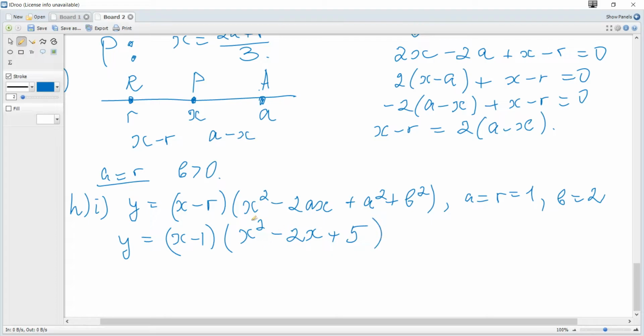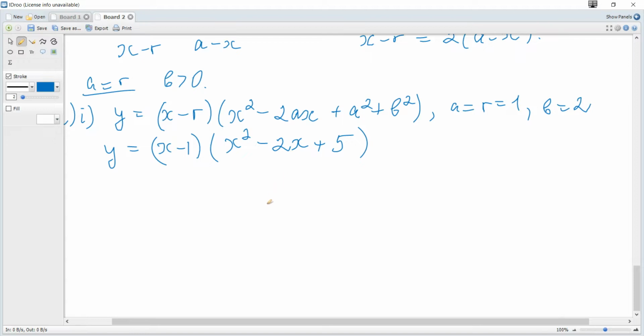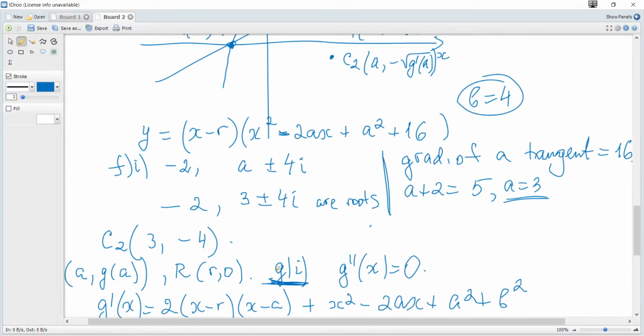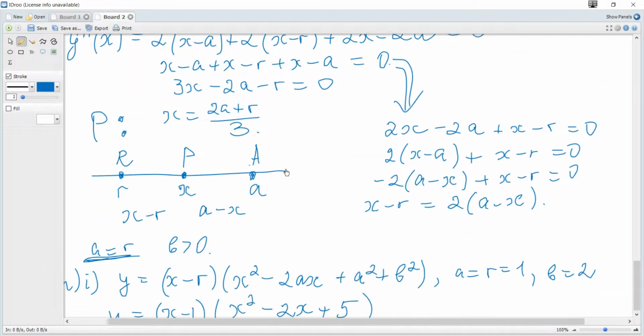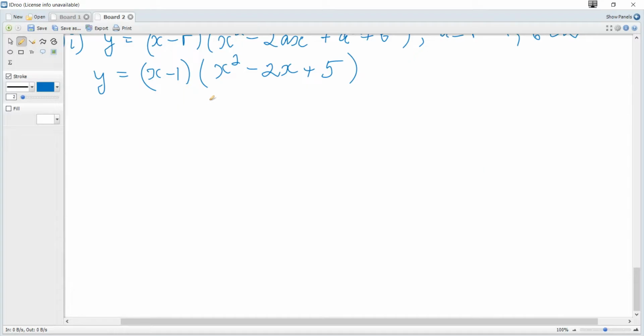And you need just to plot the graph of this function. You may just use a calculator, but what does it mean a is equal to r? It means that these 2 points coincide, and if you plot a graph, it looks like this. And we can see that x is 1 is a root, and it looks like this.